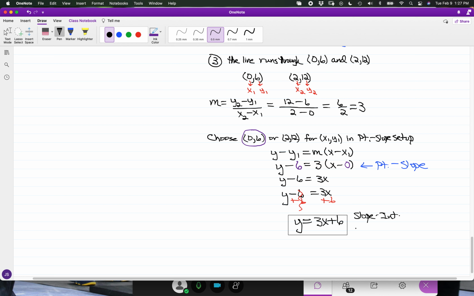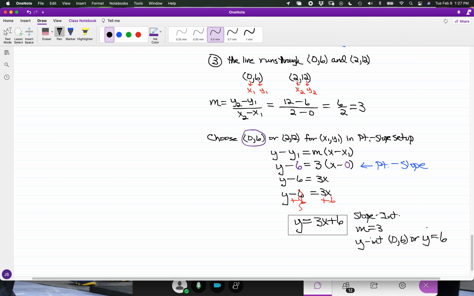Again, the slope is equal to 3. And for the y-intercept, guess what? The y-intercept is going to be that first point that was given, (0, 6), so y is equal to 6.